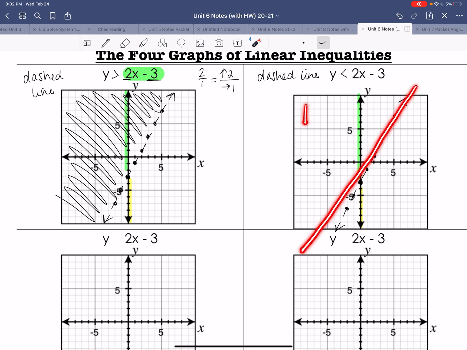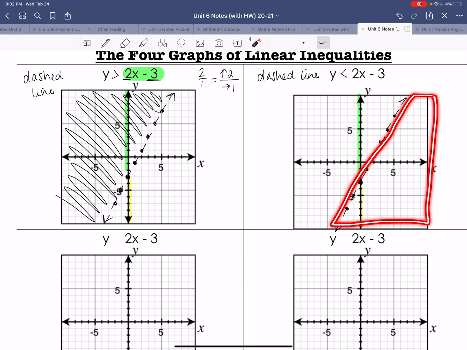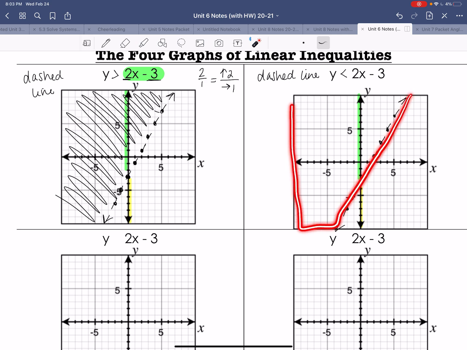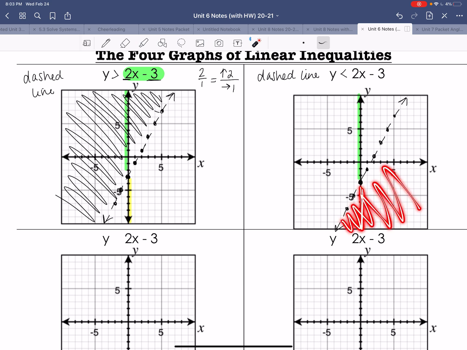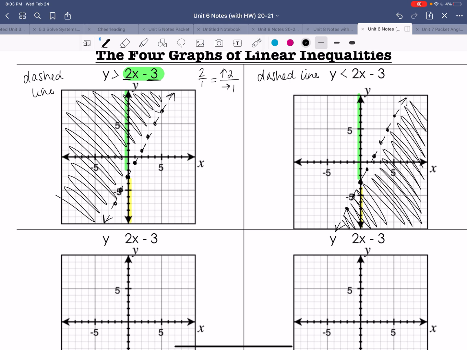I have this piece up here, which is this whole area, and then I have this bottom section here, okay? The bottom section contains the lower piece of the y-axis, and then this piece over here contains the top piece, or the more positive numbers. So if I want to shade where y is less than, that's this part of the axis which is contained beneath my line. Okay, so I'm going to make sure I shade this whole side of the graph just like that.